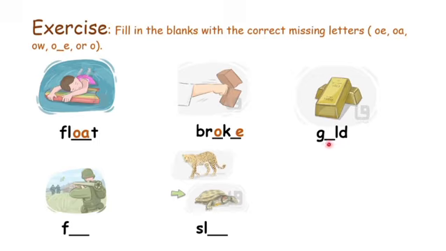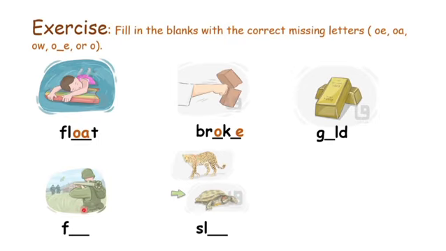The next one is gold. Excellent. Gold has two syllables, right? The first one is go, and the second one is ld. Go, the first syllable ends with O. So in this case, I should write the letter O, because we know when the syllable ends with O, this O has a long sound.